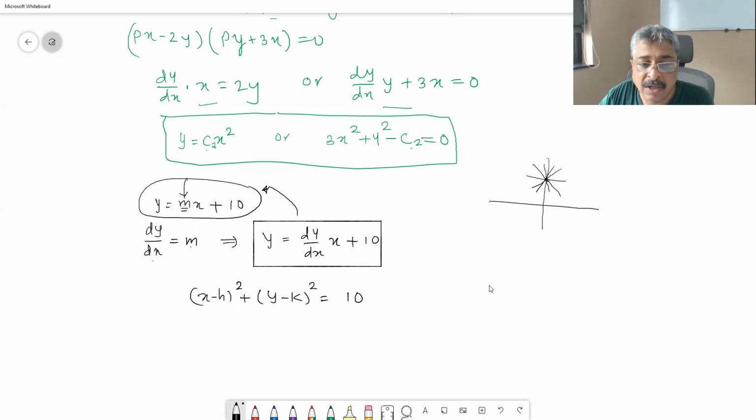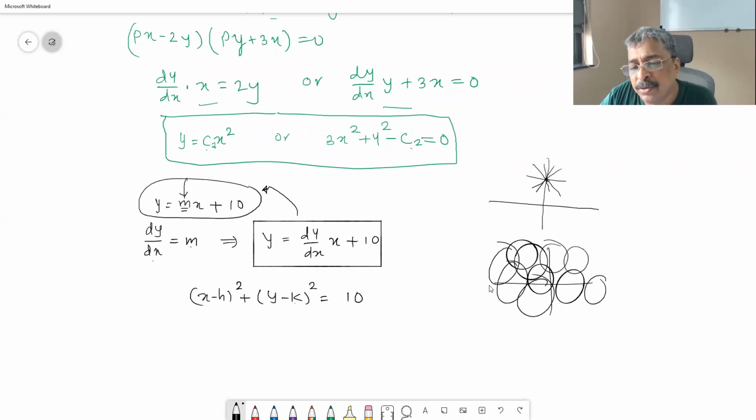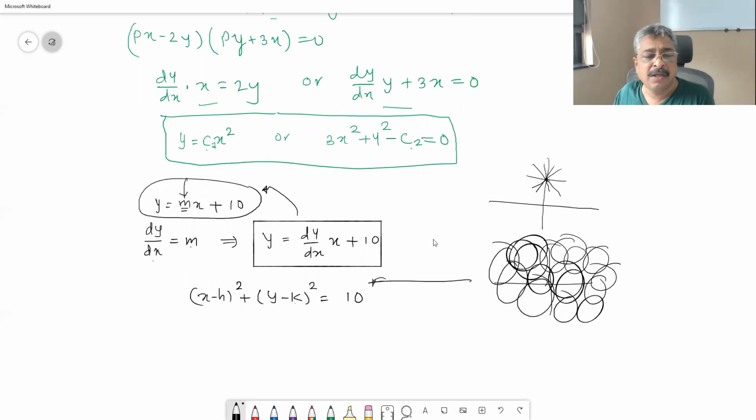Of course, this is a circle with center at (h, k) and radius 10. So all congruent circles lying in the xy plane everywhere, you select h and k and you get a circle. Yes or no? It's a family of congruent circles. h, k will determine which circle you are.